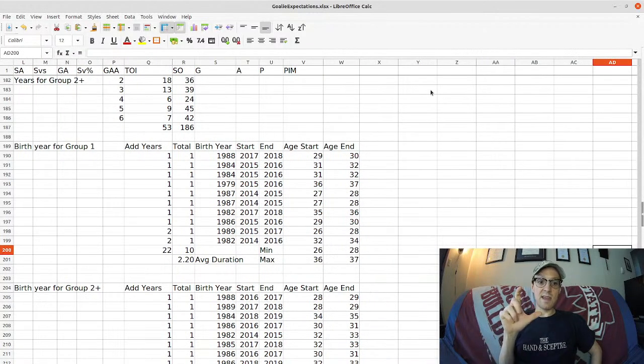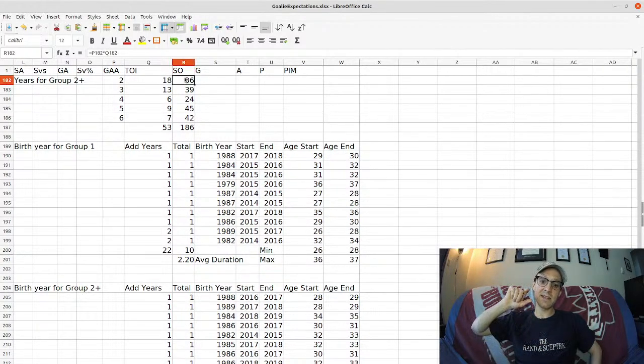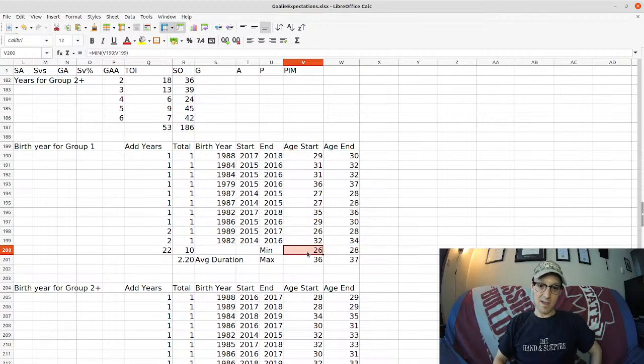Okay, so within that 2 to 3 year time frame, it's most likely to take place starting as early as age 26, as you can see here, starting as late as age 36, ending as early as age 28 and ending as late as age 37.